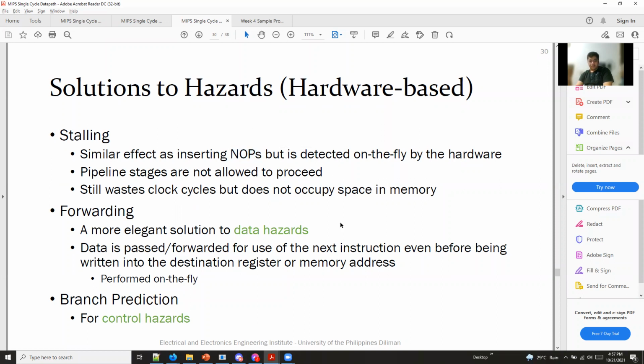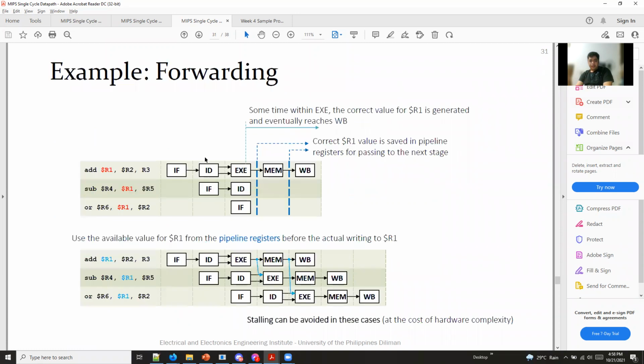Another is yung forwarding. Pag forwarding, ang gagawin niya is, for example, after ng execution, meron ka na nung tamang result ni R1. Ang problem mo lang is hindi siya nakasulat pa dun sa register. So, ang gagawin mo, gagawa ka ng path from execution stage nito papunta sa execution stage ng susunod na stage.